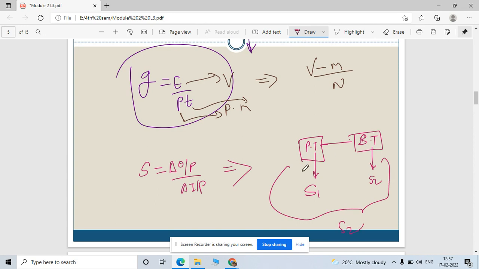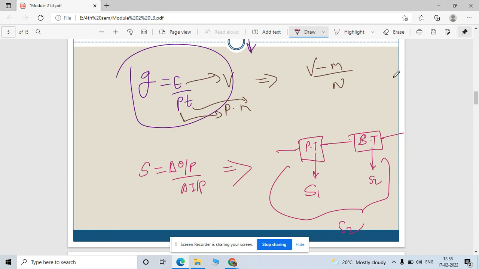So depending on the different kind of transducer you are using, the input and output quantities also change. For this piezoelectric transducer, your input quantity, let's say, is force, in terms of newtons, and output is voltage.